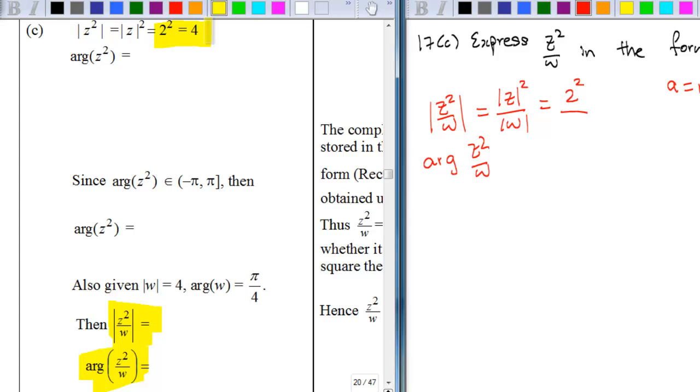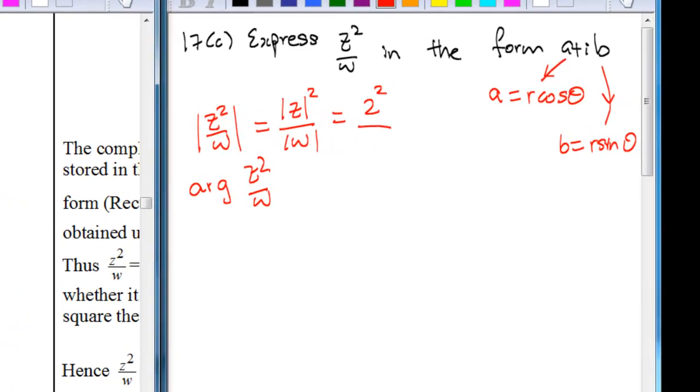In our solution is printed there, mod of z squared equals mod of z squared, that gives us 2 squared equals 4. And we are given the modulus of w as 4 as well. So for the modulus of z squared over w, we will have the value of 1.